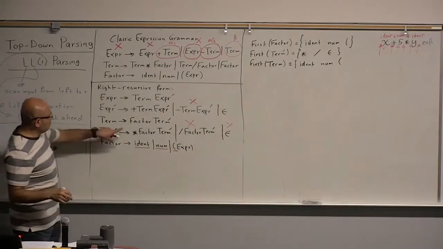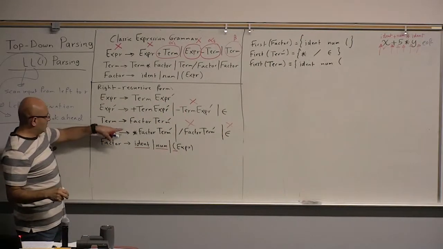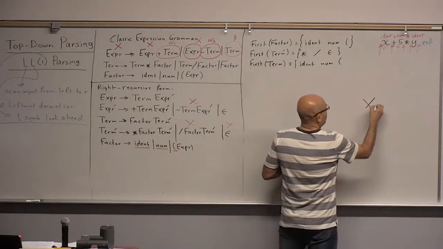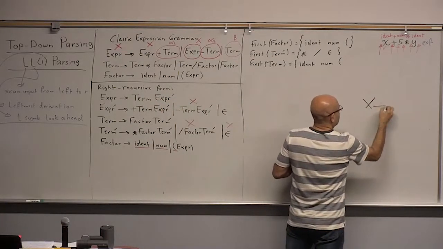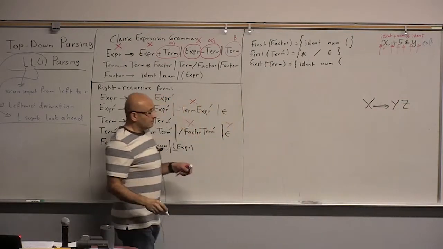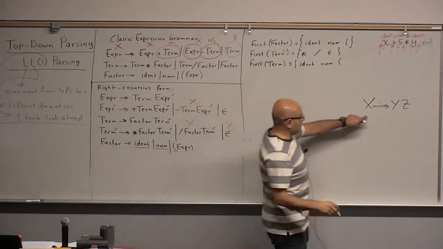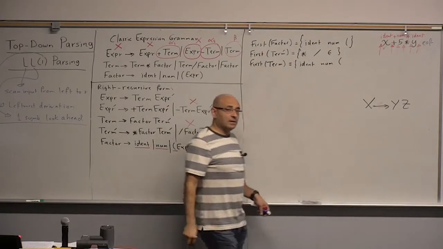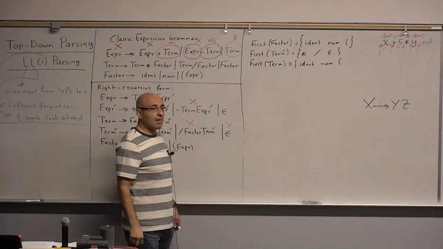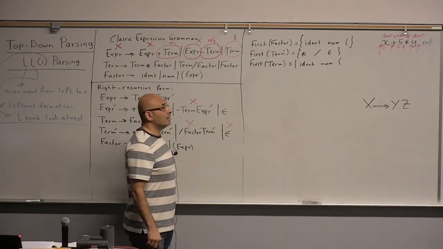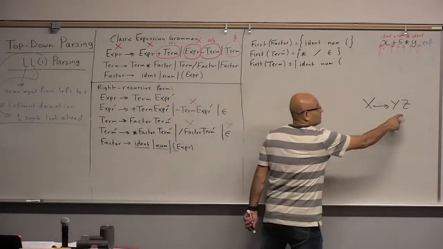Now, is it always true that, generally speaking, if I have x derives y, z, then the first of x will be the first of y? Is that always the case? If y is epsilon, then I look at the first of z, right?